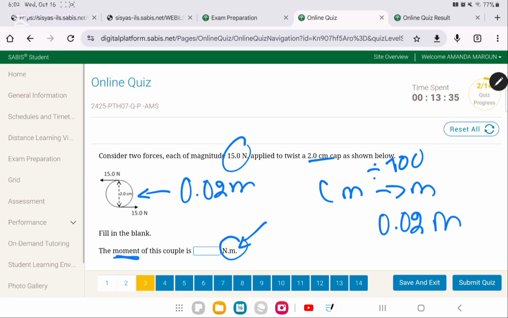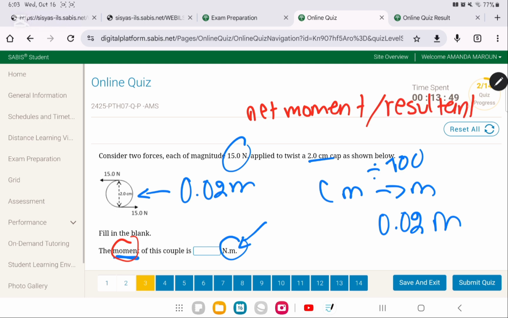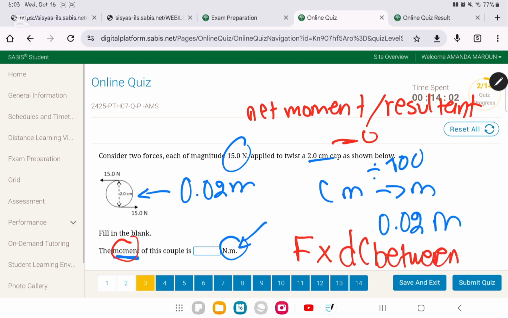But they are asking us for the moment of this couple, not the net moment, so pay attention. They didn't ask you for the resultant force or the net moment. If they asked you for the net moment or the resultant force, you would put 0. Here they're asking you for the moment of this couple. To find the moment of any couple, you do force multiplied by the distance between the forces.